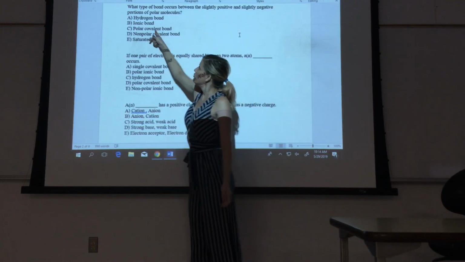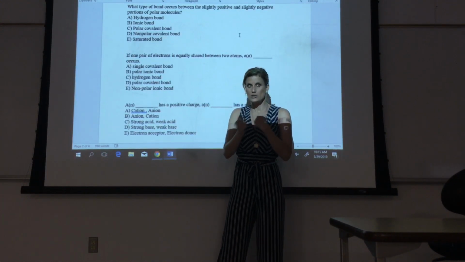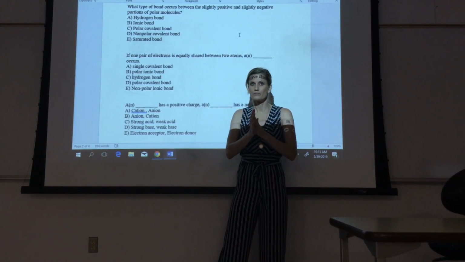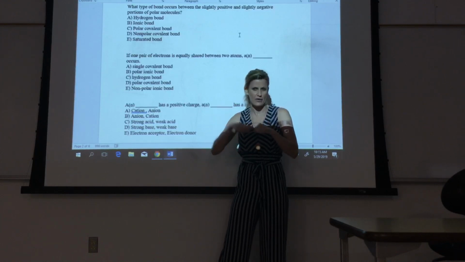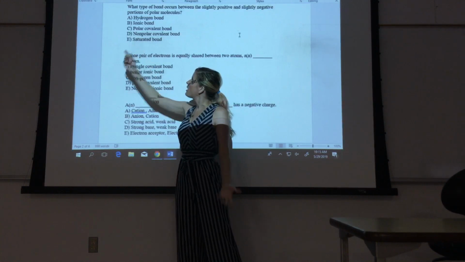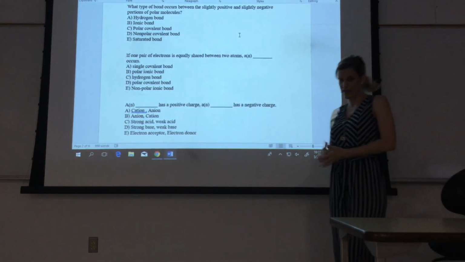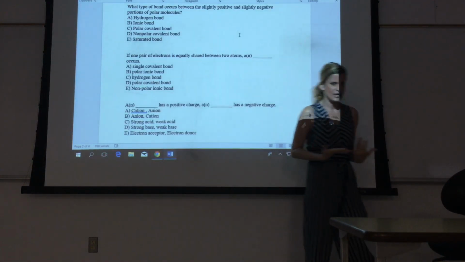Covalent bonds, remember both of those are where we share pairs of electrons. So you're attaching atoms together. You're not having an attraction between two molecules. A saturated bond, I just made that up. We can have saturated fatty acids, but there's no such thing as a saturated bond.